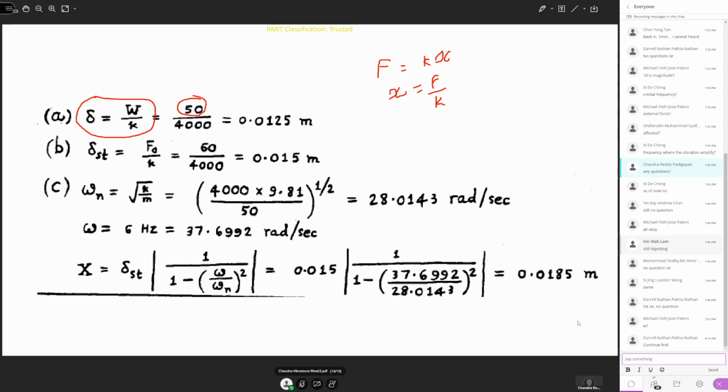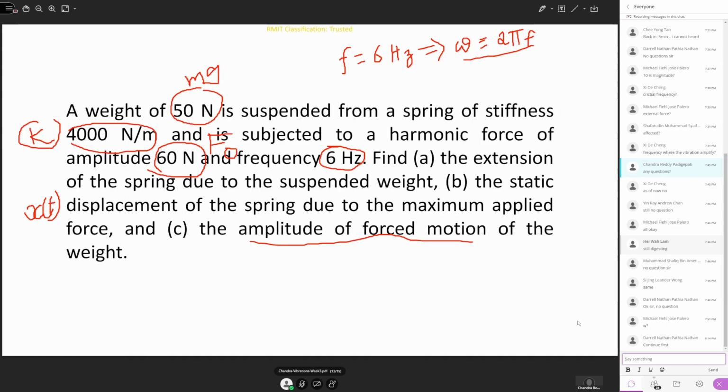So the static deflection of the spring is 50 over 4,000, which gives 0.0125 meters. This is the extension of the spring due to the weight.